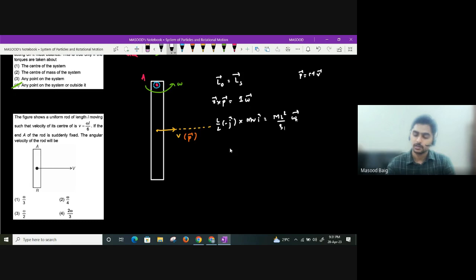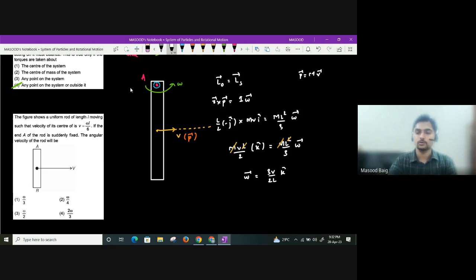So what we can write here? M into V into L divided by 2, J cross I will be minus K, so minus of J cross I will be K cap, should be equal to ML square divided by 3 omega bar. From this, M and M will get cancelled out, L and square will get cancelled out. What will you get omega bar as? You will get it as 3V divided by 2L K cap. K cap means direction is outward.